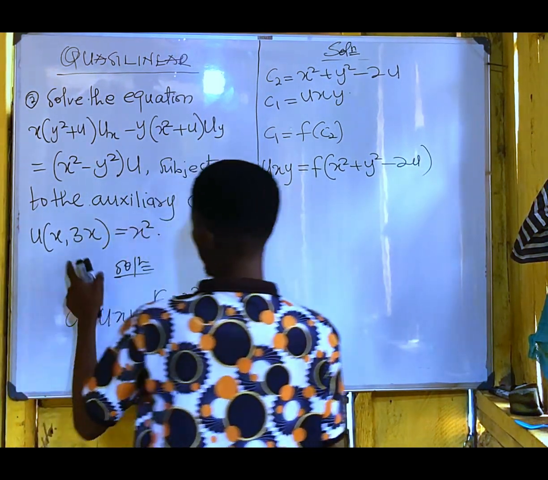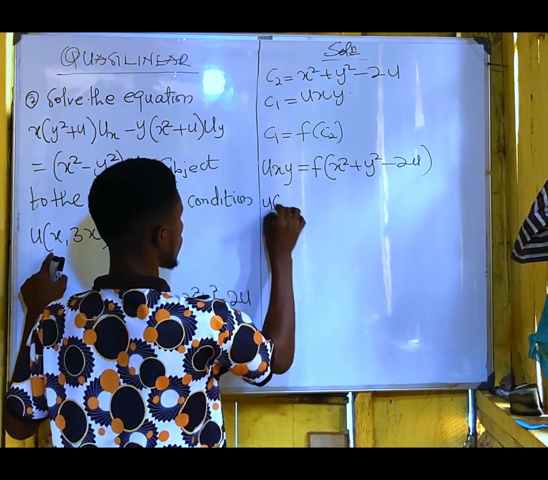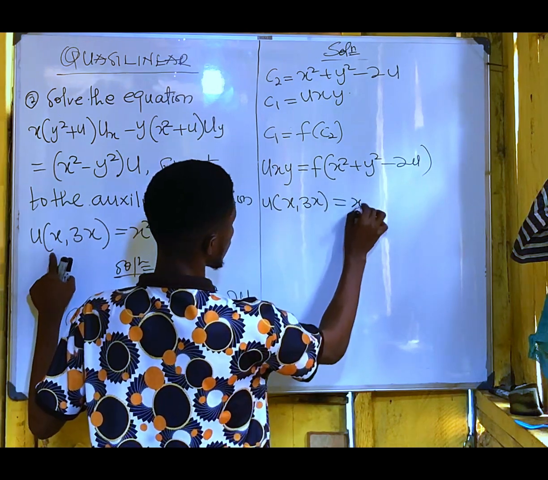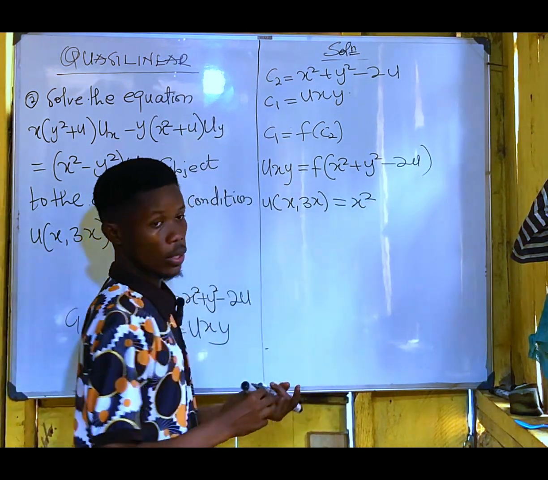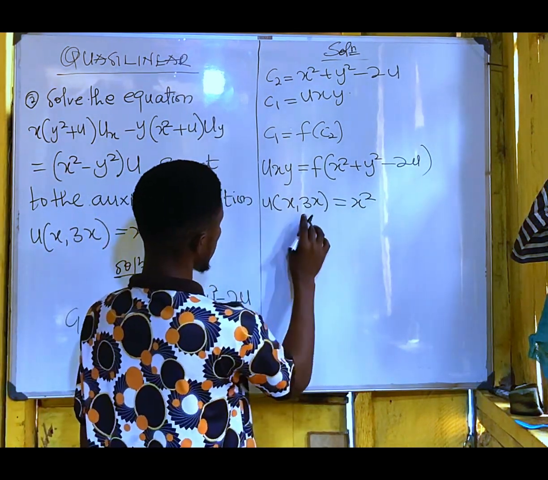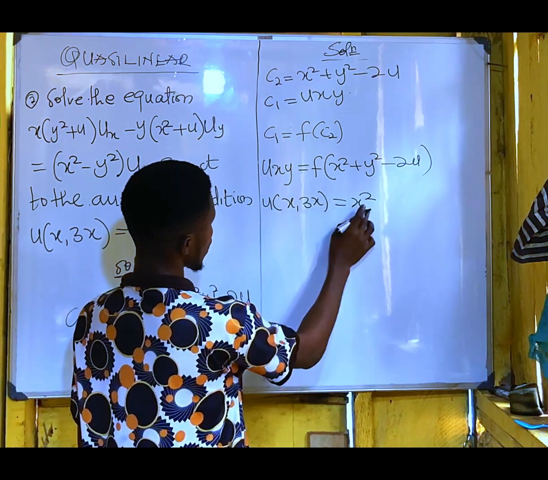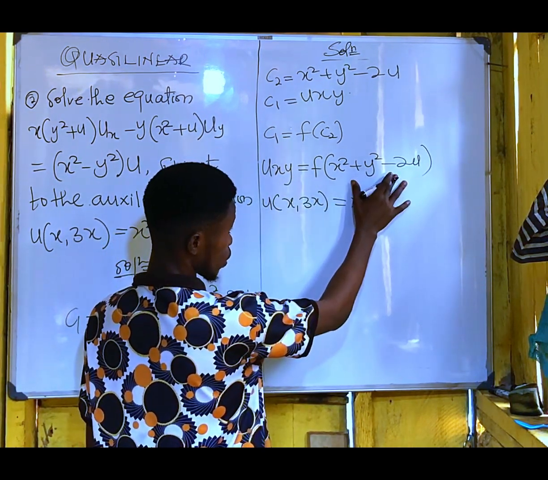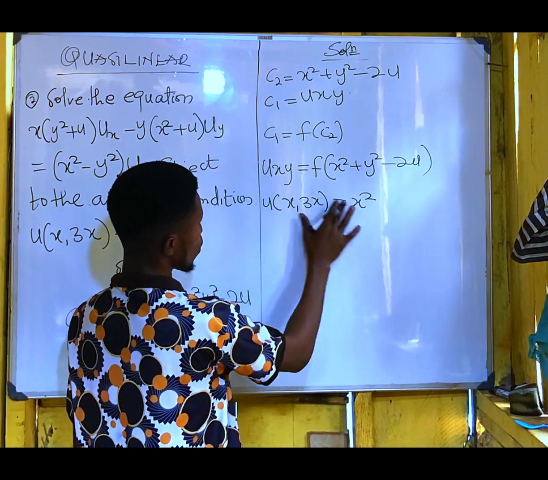Let's use the initial condition that was given. For the initial condition, u is s squared. Wherever I see u in this general solution, I put s squared there.